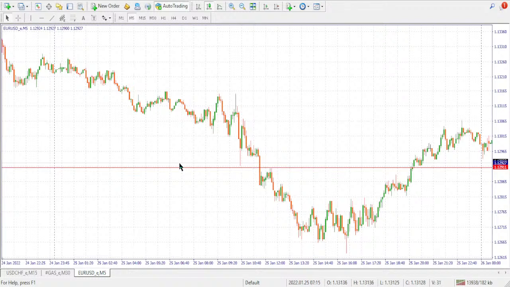So as much as this is a daily level, when the price goes below it, it's very good to switch to a lesser time frame, like 5 minutes or 15 minutes, then pick that shape.